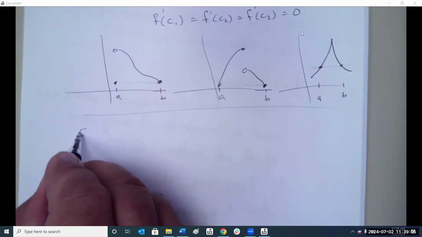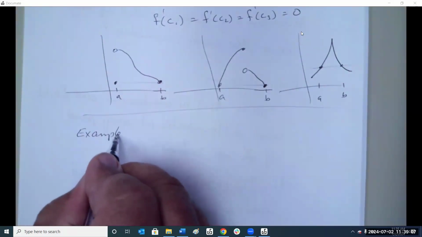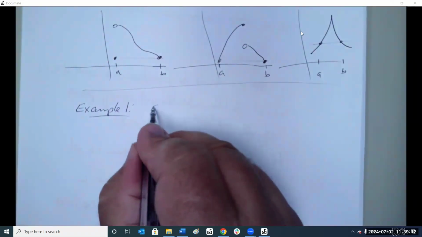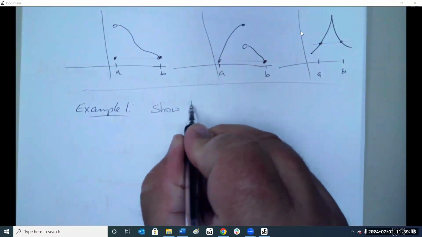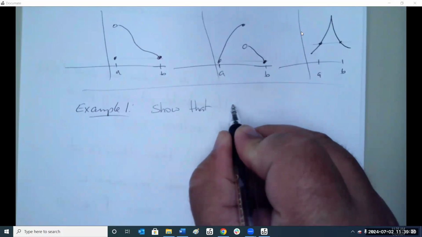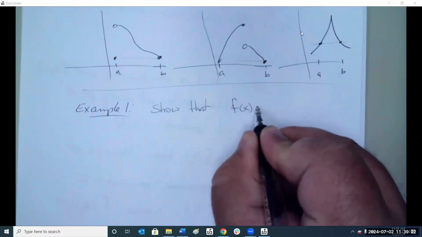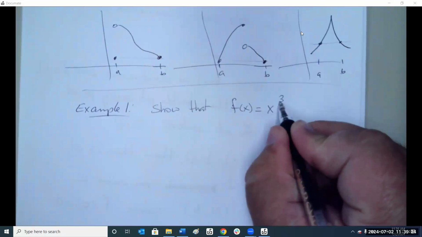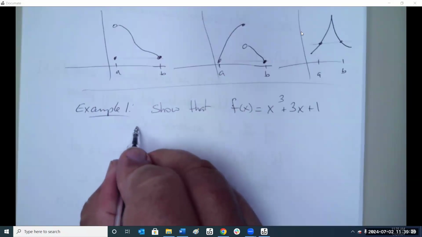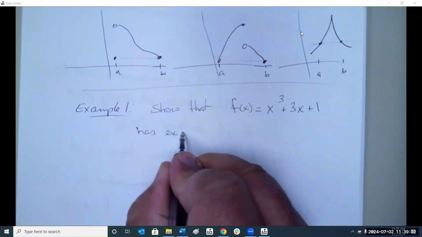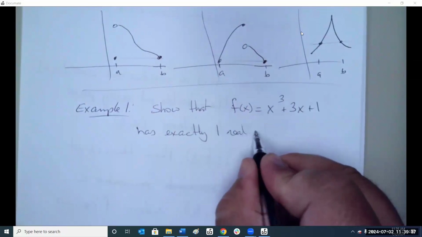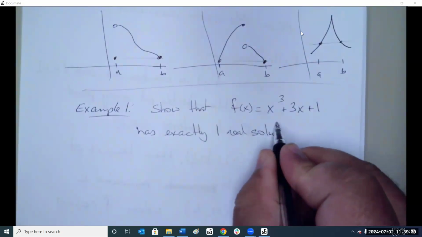So let's look at example 1. It says, show that the function f of x equals x cubed plus 3x plus 1 has exactly one real solution.